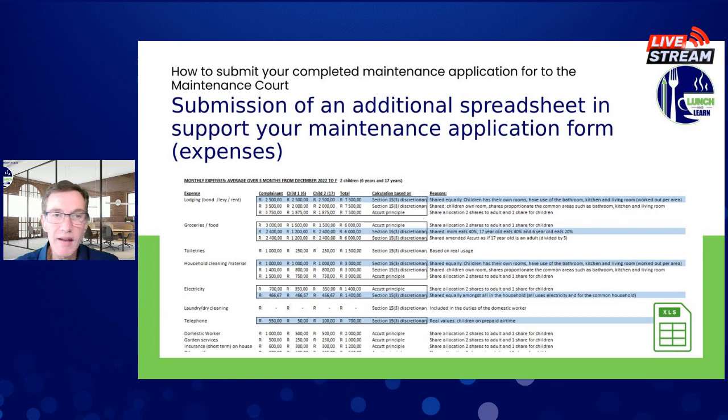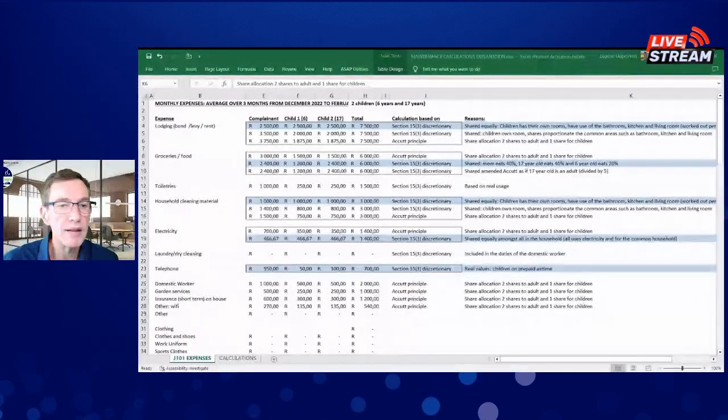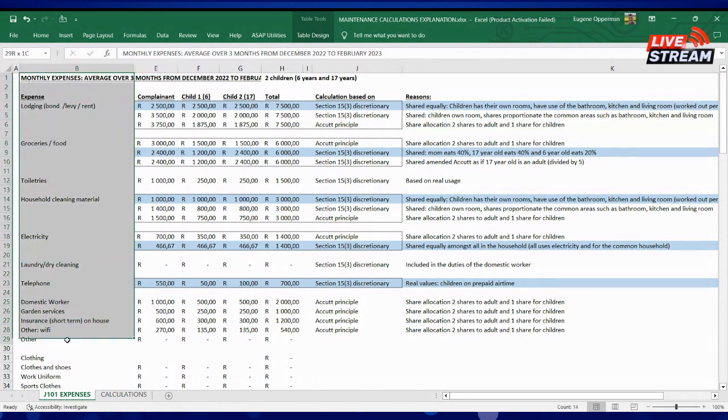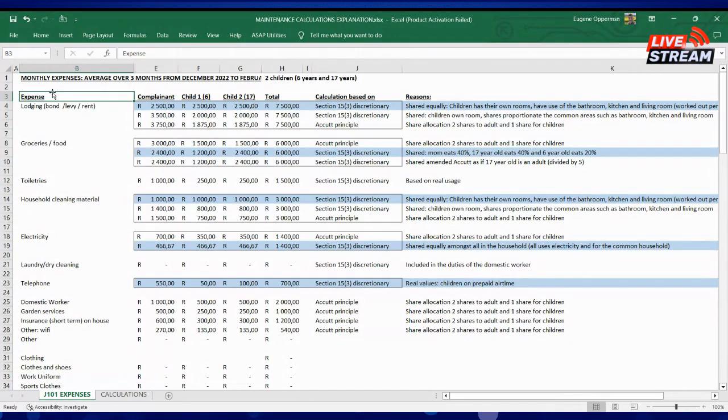So if we look at the spreadsheet, and why do I say the spreadsheet? If I can just bring up the spreadsheet, I can make that a little bit bigger, then I can check that out. What I mean by the spreadsheet and why I like the spreadsheet. Now, the spreadsheet is a simple Excel spreadsheet, and you can see that everything that is on the J101 form has basically just been copied.